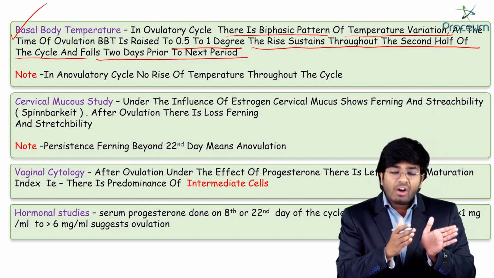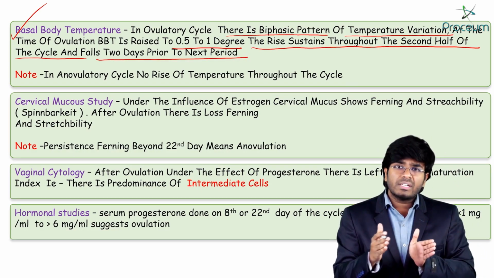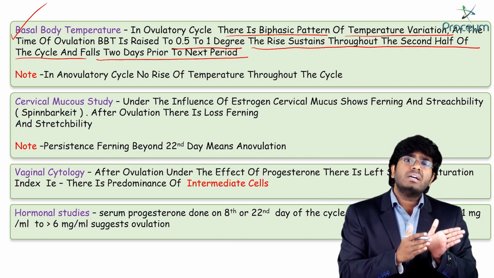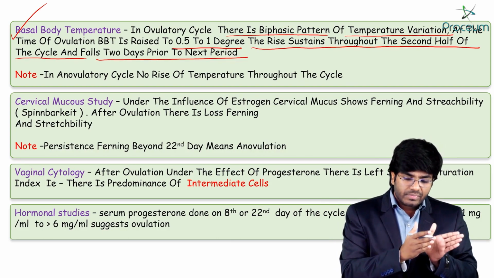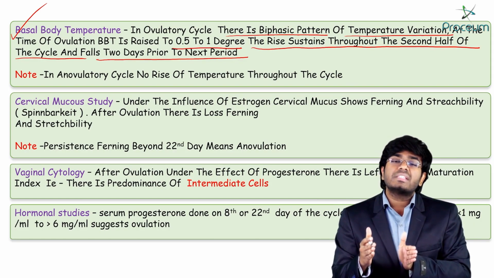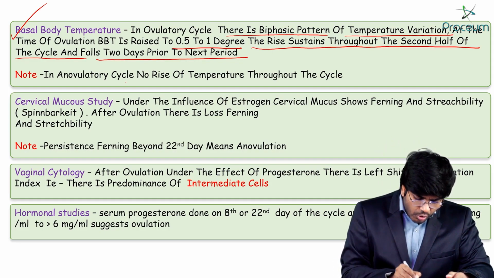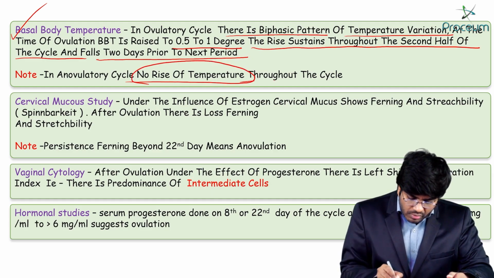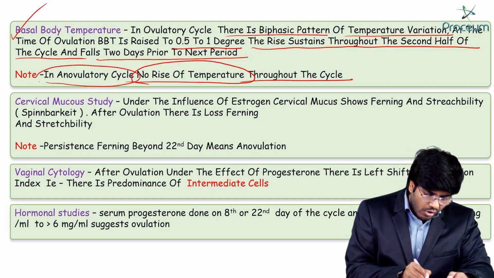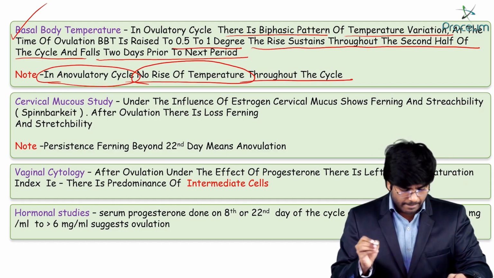But remember, whenever there is no rise in temperature throughout the cycle, it's an indication of anovulation.